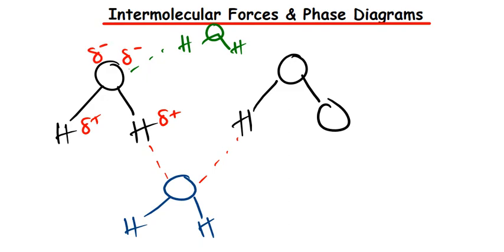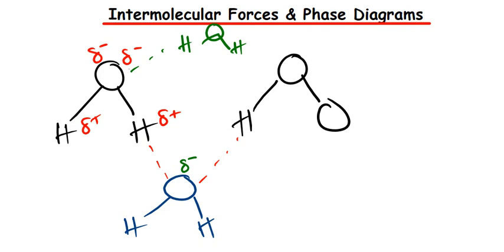So it is the presence of the partial negative charges on the oxygen and the partial positive charges on the hydrogens. These will be attracting with the opposites on the other molecules of water. So these are what we now call the dipole to dipole interactions.